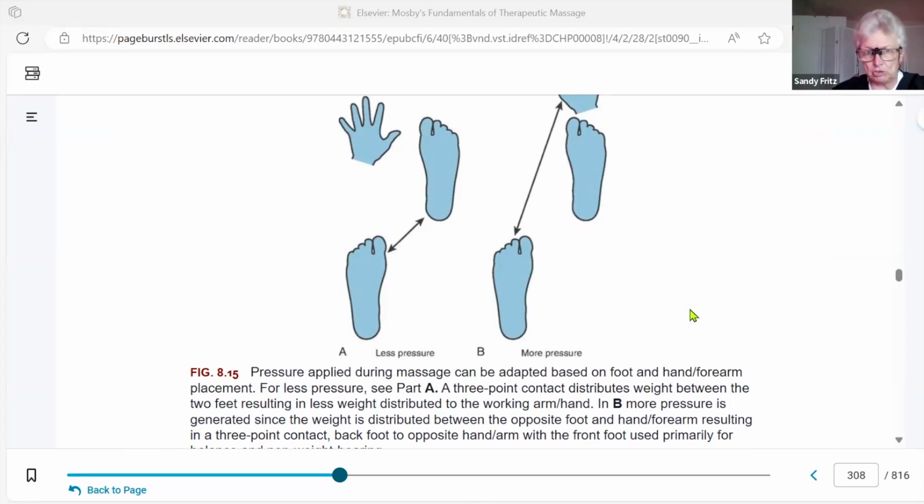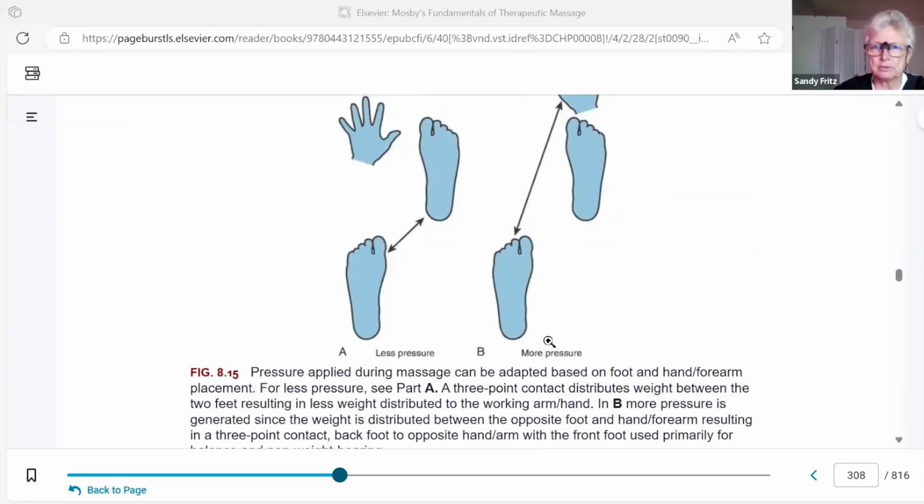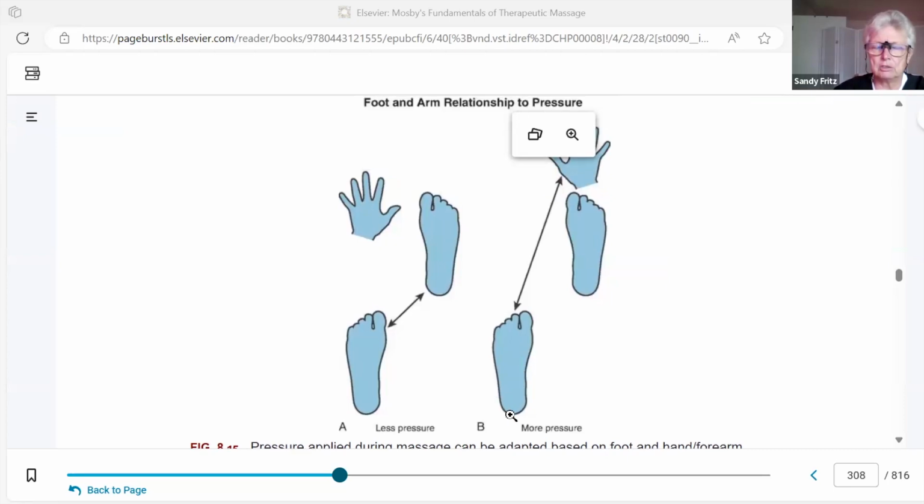And the way we teach you is for more pressure. So here's your weight-bearing foot, leg, with the opposite arm applying the pressure into the client, and this foot in between, which is providing support and balance, so that when you start your excursion, you start your glide, as soon as weight is transferred off of this foot and you start to feel it in this foot, you've gone too far.